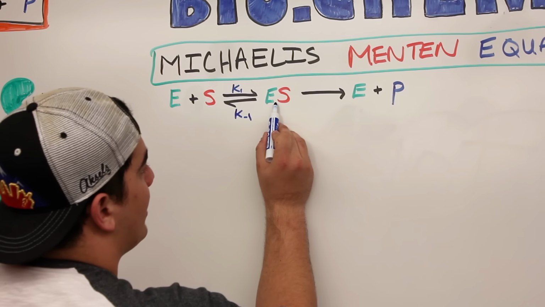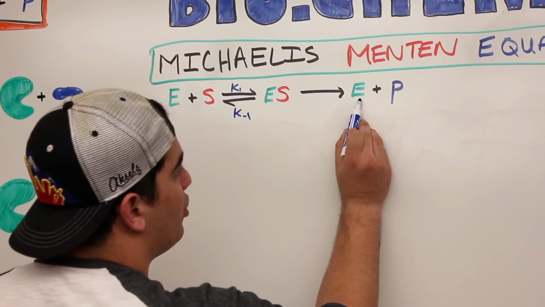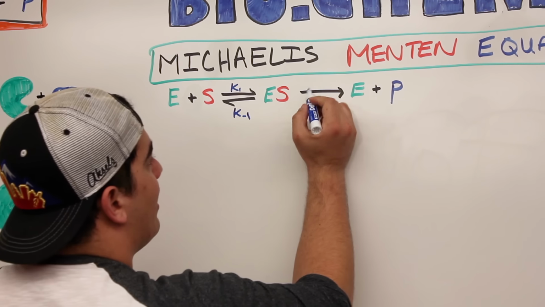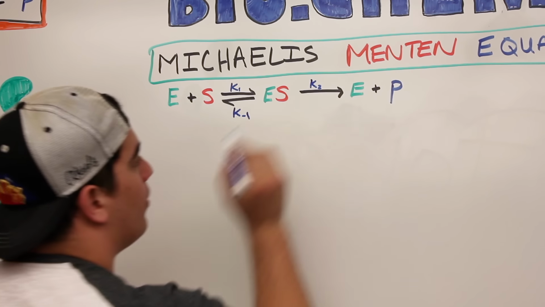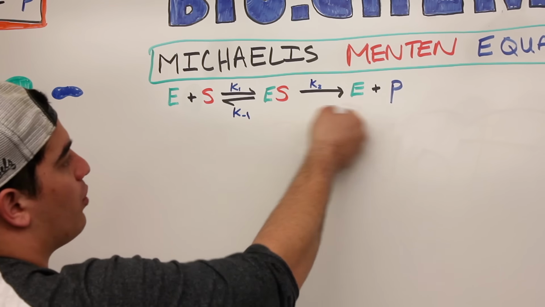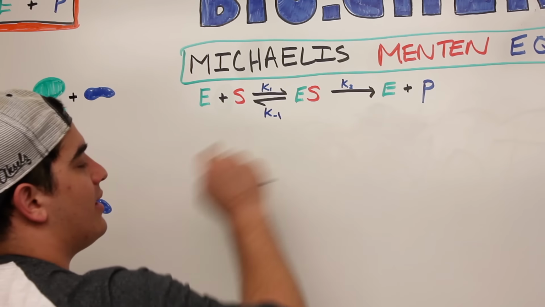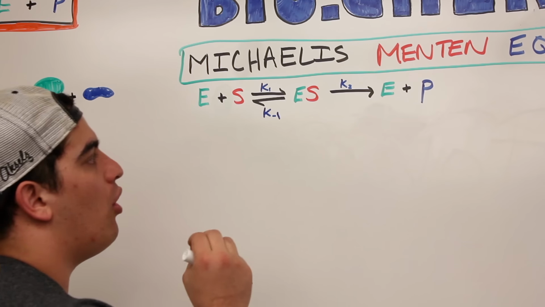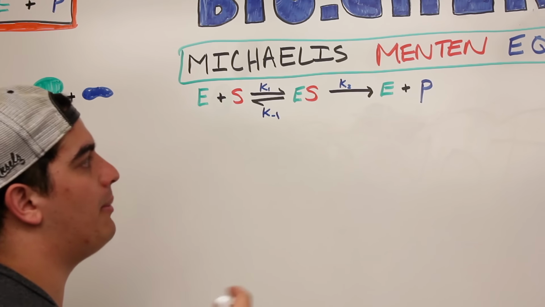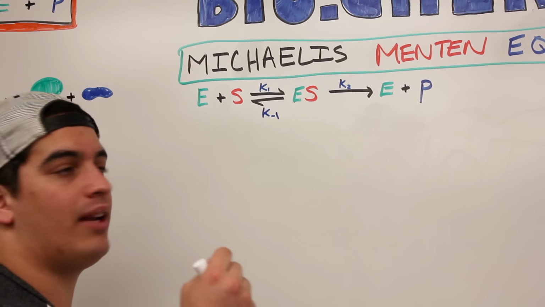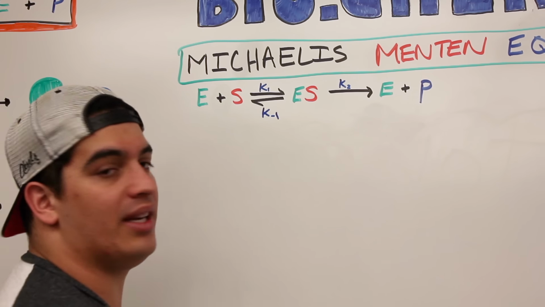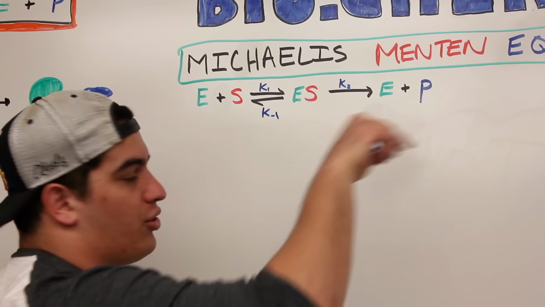And then when the enzyme-substrate completely dissociates into enzyme and product, that is K2. And technically there is a reversible step here, with enzyme and product going back to enzyme-substrate, but it's so small at time equal to 0 that K-2 is so small that we can just consider it to be negligible. So this is just a unidirectional reaction.